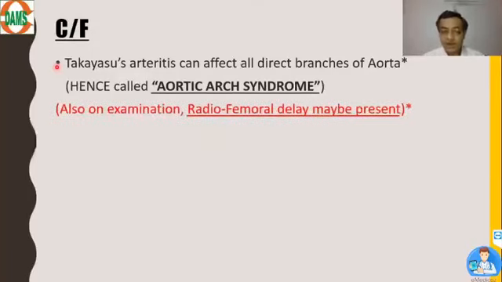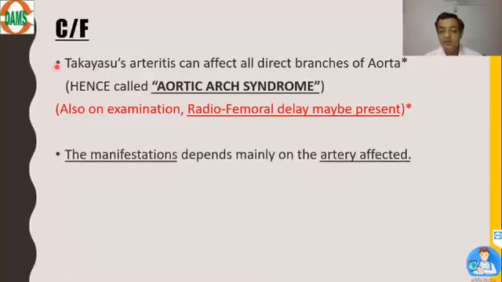So write down the manifestations. Here also the aorta is affected. That is why radiofemoral delay may be present in this disease also. And we know this point, that the manifestations depend mainly on the artery affected.